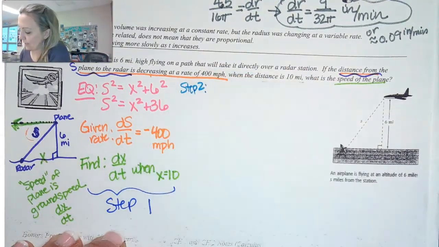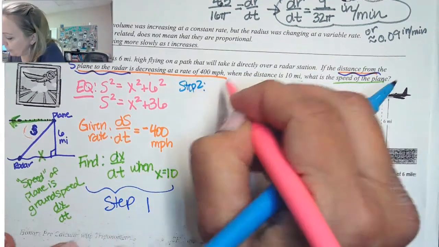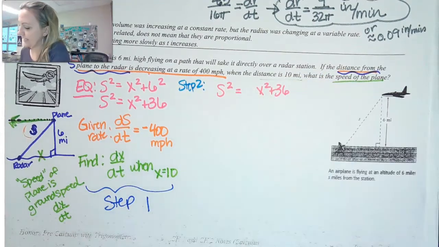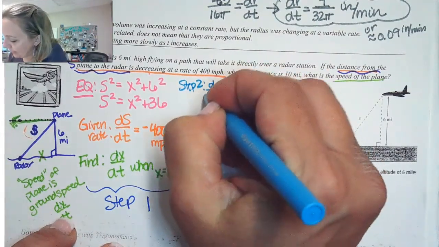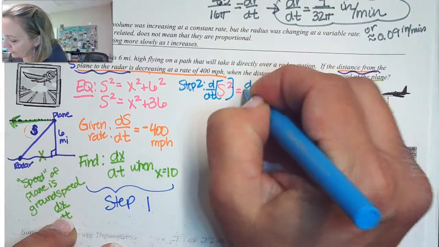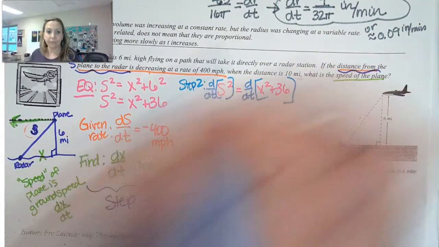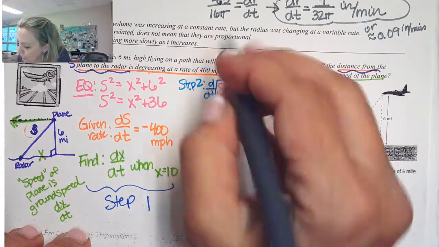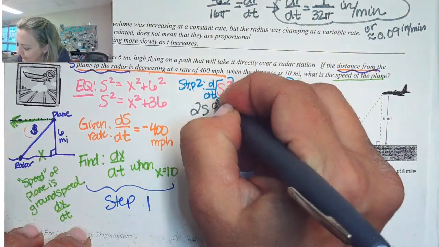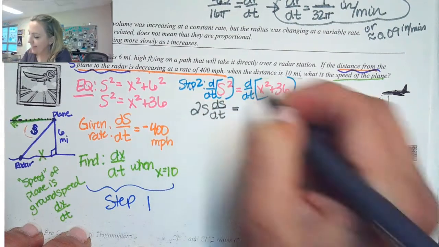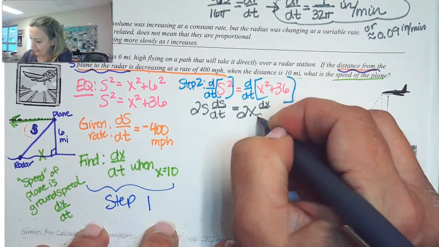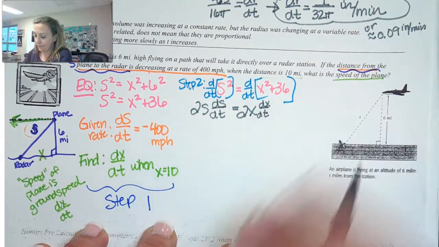And step two is where we take the equation s squared equals x squared plus 36 and differentiate it with respect to t. When that happens, this ends up with 2s ds/dt, and then this will be 2x dx/dt plus 0.